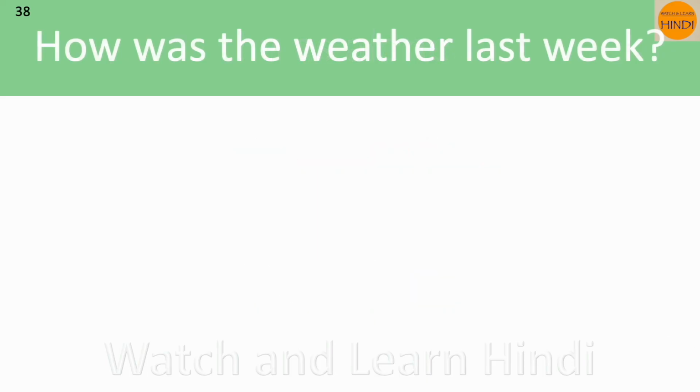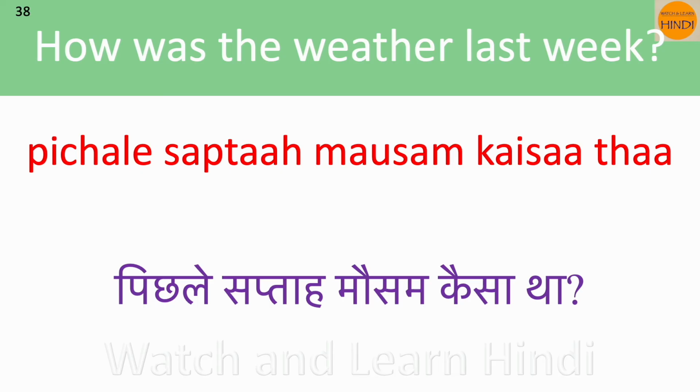How was the weather last week? पिछले सप्ताह मौसम कैसा था? पिछले is last, सप्ताह is week, मौसम is weather, कैसा is how. पिछले सप्ताह मौसम कैसा था? How was the weather last week?